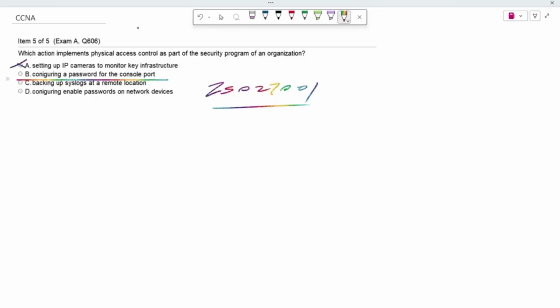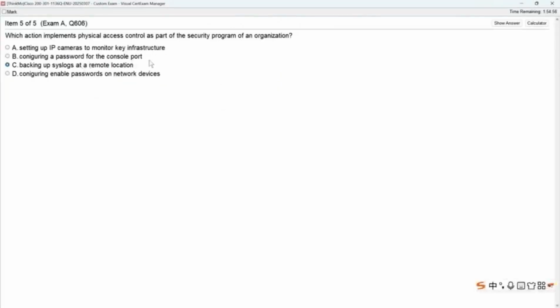As for options C and D, one of them is about backups and the other is logical access, not physical access. So the correct answer is B. Let's look at the correct answer.